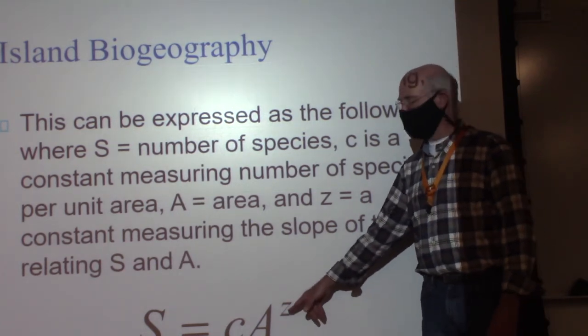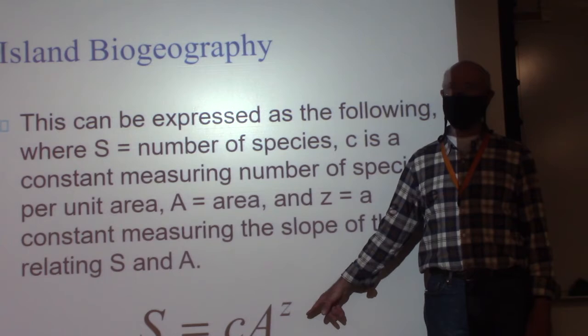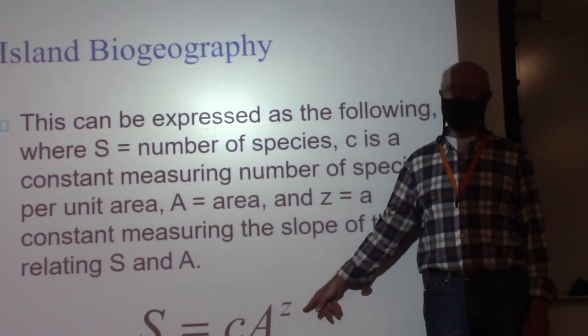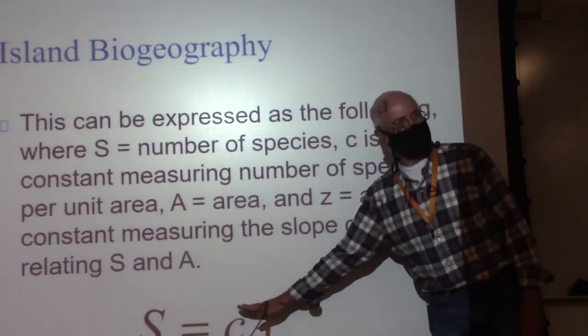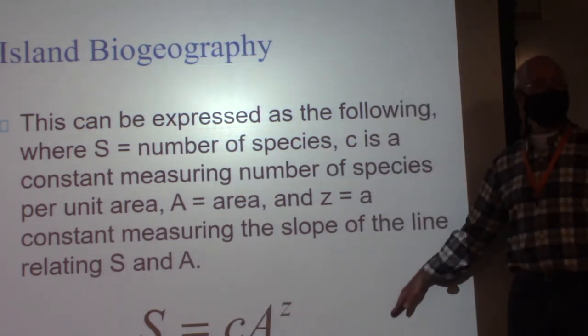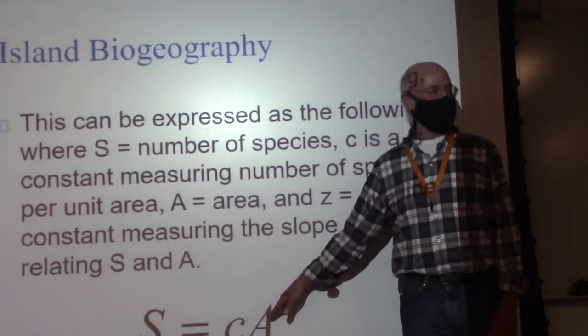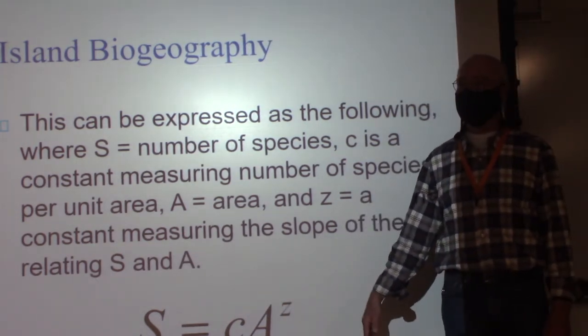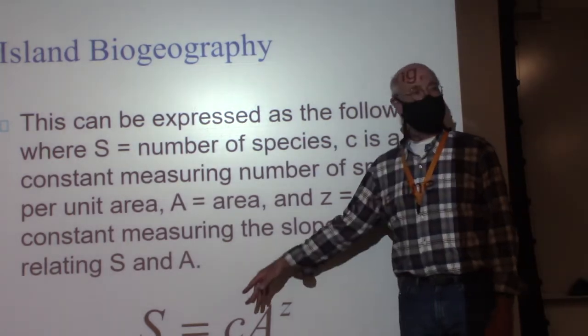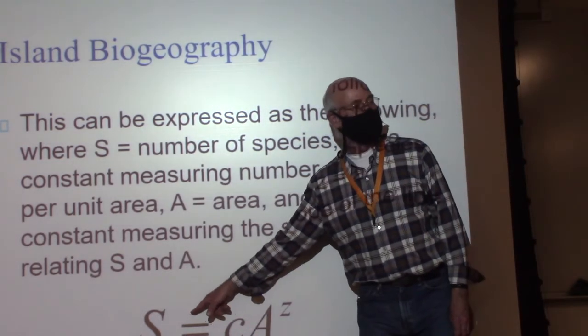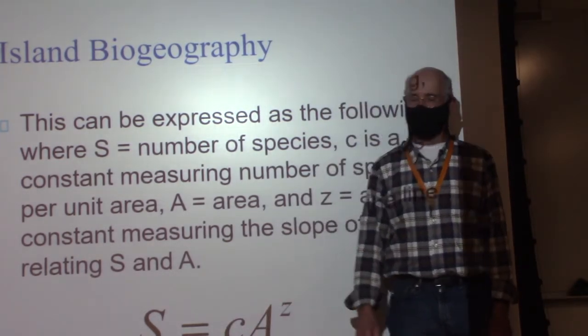So you take the log of both sides and you get a line. So instead of having something that is sort of exponential, you now get this nice linear kind of response. The important point for us is that there is a relationship between number of species and area.